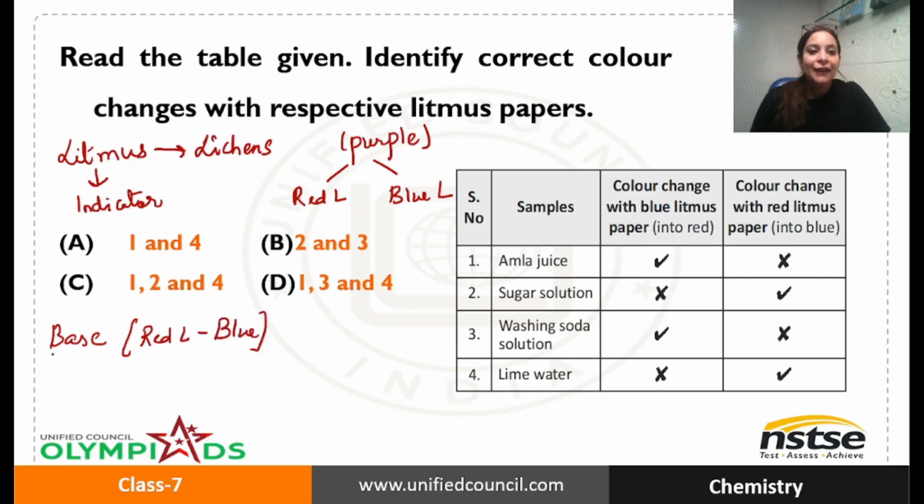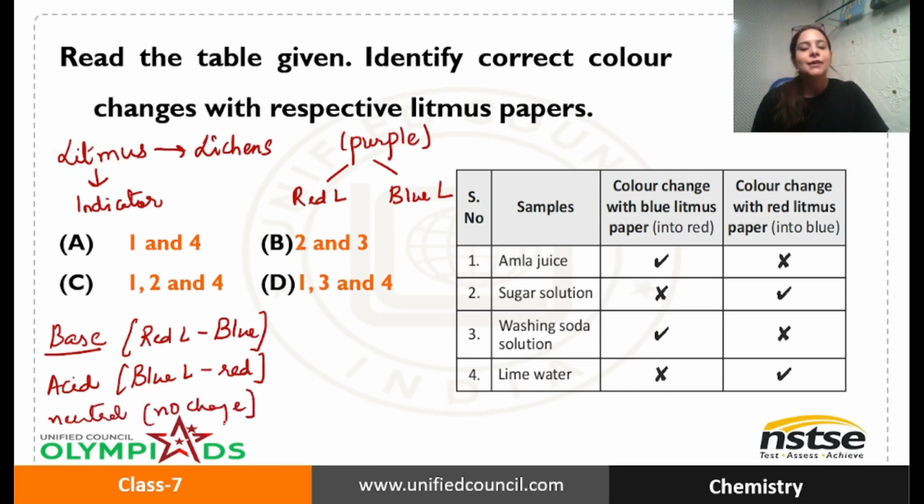But if you treat a base with blue litmus, it is going to show no change. And if you treat an acid with litmus, it turns blue litmus red. And a neutral substance doesn't affect litmus, so we can say that no change is seen.